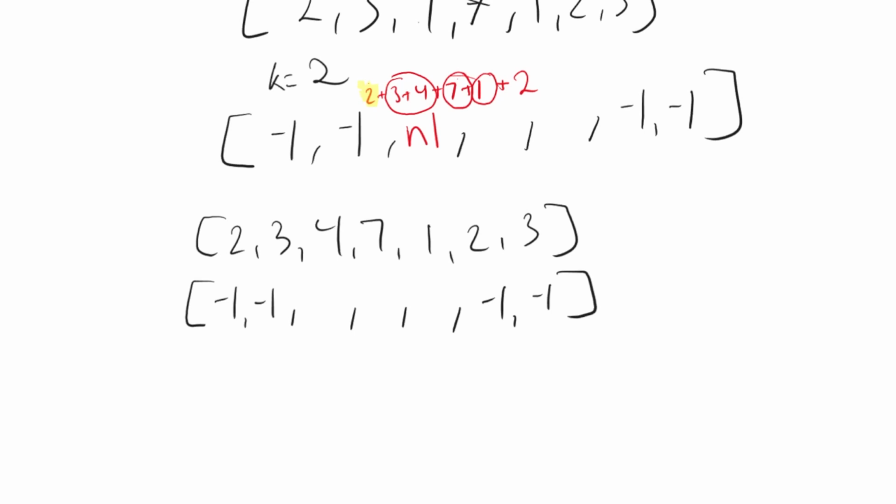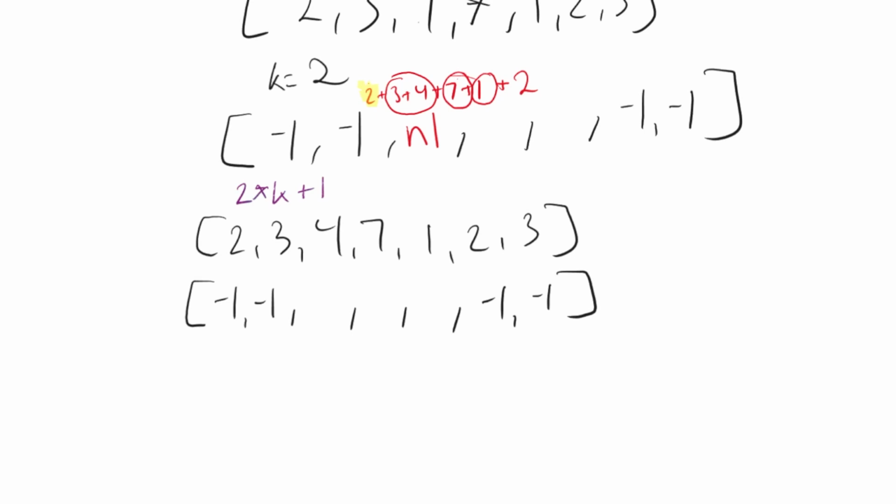So first, 2, 3, and the window size we're going to be looking for is 2 times k plus 1. Why 2 times k plus 1? Well, 2 times k because we have k numbers on the left and k numbers on the right, and then plus 1 because remember we have to also add in that number at the center.